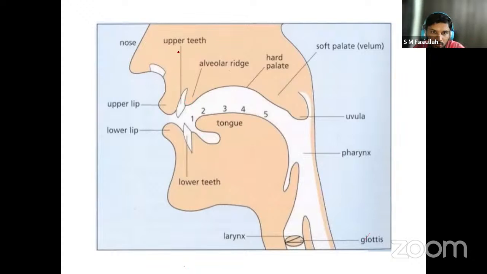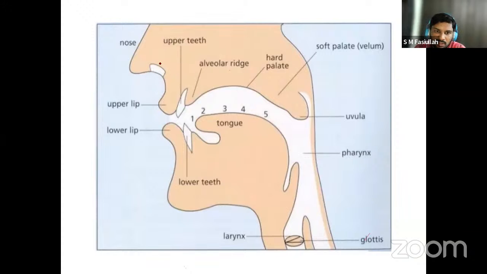Why are we going into detail about this? Because if the back of the tongue is involved, a different kind of sound is produced. If the alveolar region is involved, then some other kind of sound is produced.